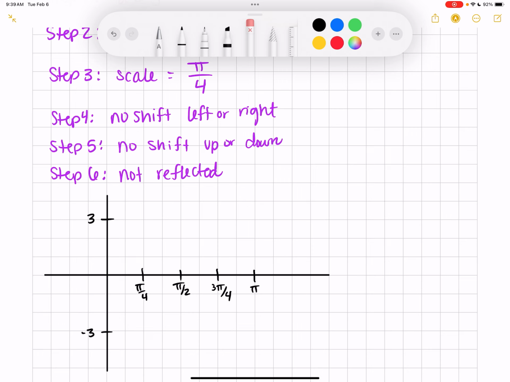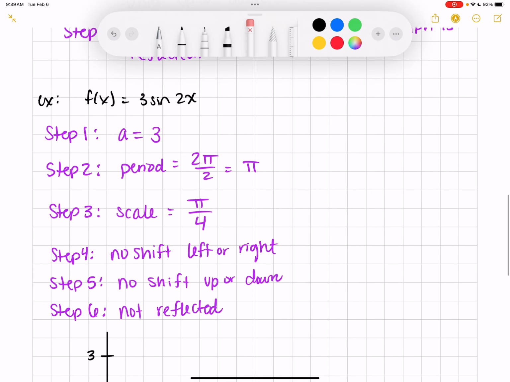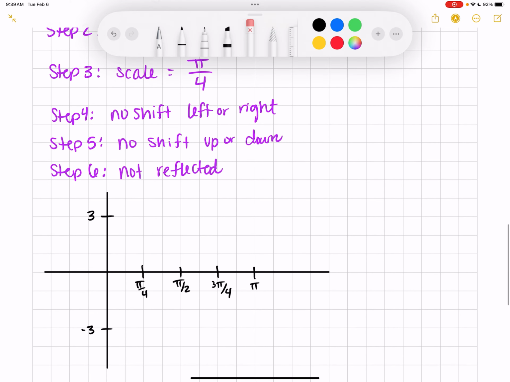So now this is a sine function. Does sine start at 0 or 1? 0. So we start here at 0, and then at the next increment, I'm at 3, back at 0, down at negative 3, and back to pi, or back to 0.